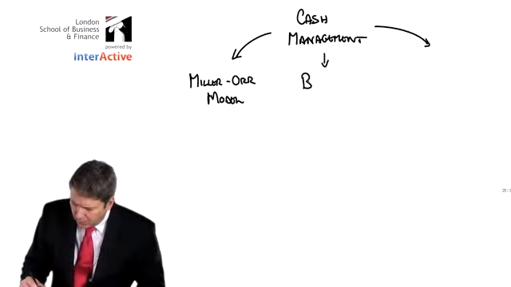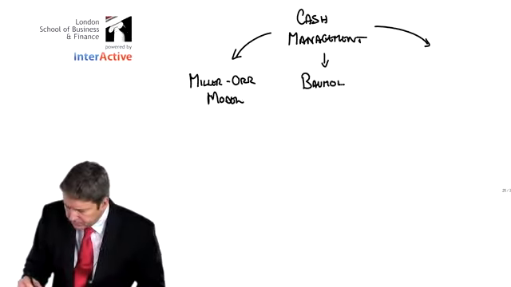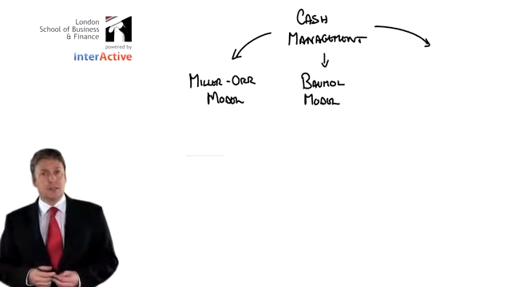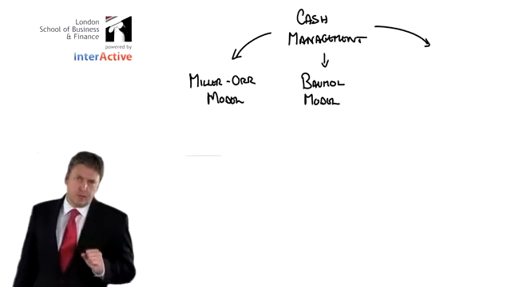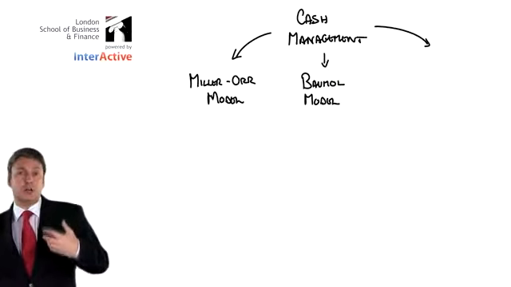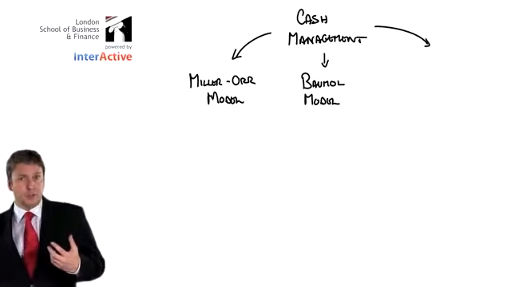We also have the Baumol model. The Baumol model is the EOQ model used for cash balances. The idea behind Baumol is this. The company is either cash generative or a cash user.